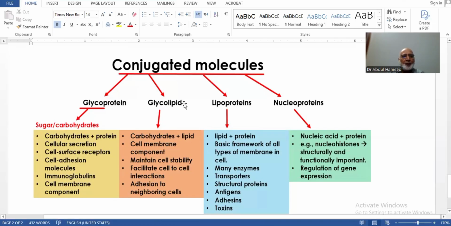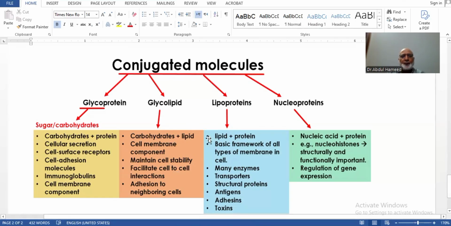In case of glycolipids, the combination is carbohydrates plus lipids, and they are present in cell membrane components, maintain cell stability, and facilitate cell-to-cell interaction and adhesion to neighboring cells. They are very important in biofilm formation in bacteria, some useful and some harmful pathogenic organisms as well, but they are glycolipids.